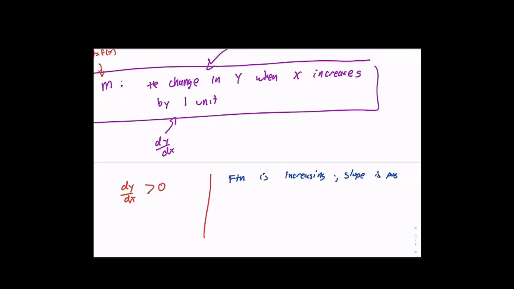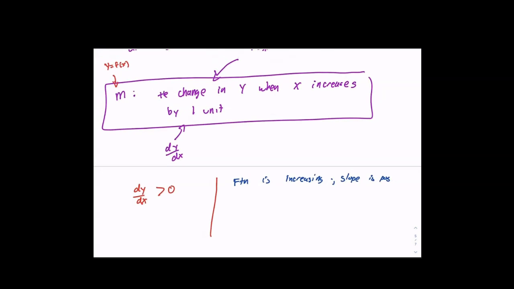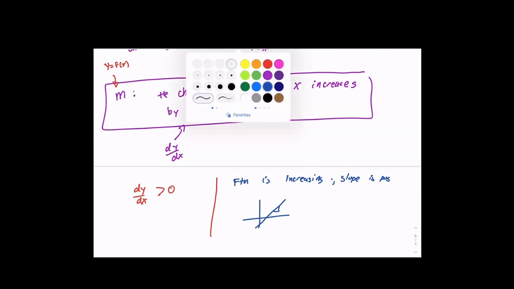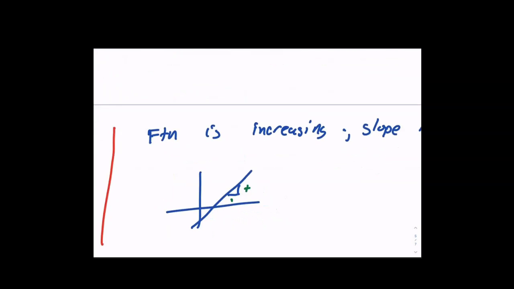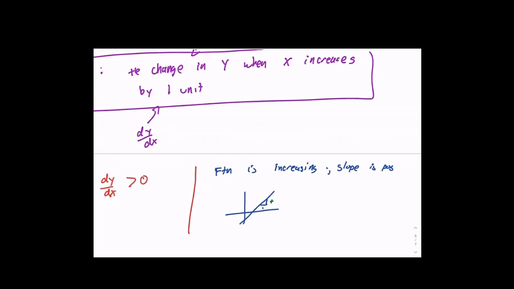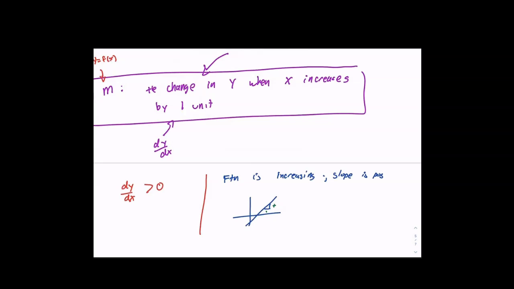But the function is increasing, and more importantly, if I were to draw a graph, it would look like this. Because if x increased by 1 unit, I know that the delta y is something positive. When we say x increases by 1 unit, that just means that we read left to right when we talk about slope.